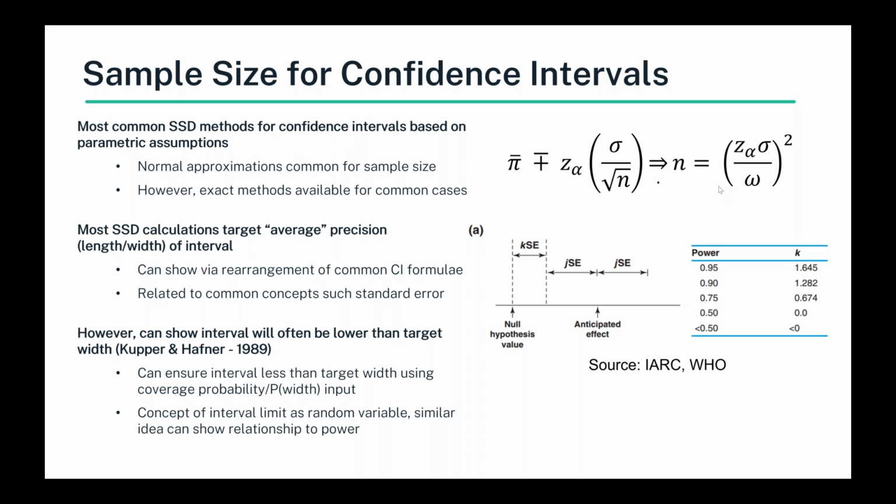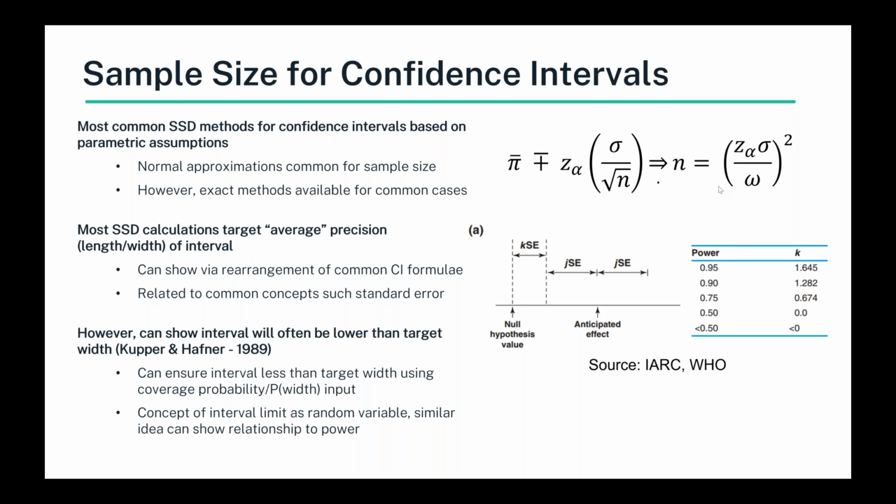When you see the words average precision, you'd expect intuitively that if you have a targeted confidence interval width, then 50% of the time the actual width would be wider, and 50% of the time it would be narrower than this. But in reality, through real world examples, it's been shown, at least in cases like one mean, that the actual achieved width will be slightly less than the stated or targeted width more than 50% of the time.